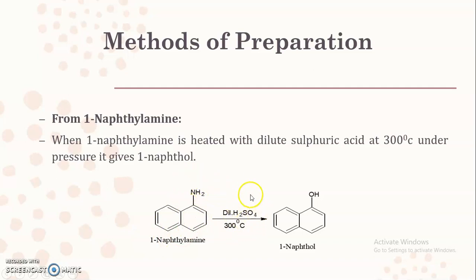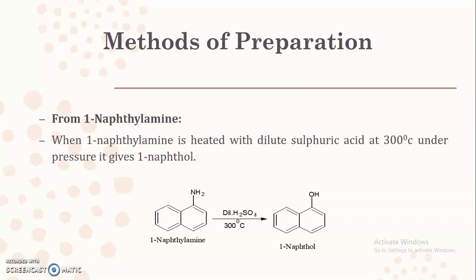On treatment with dilute sulfuric acid at 300 degrees Celsius under pressure, the amino group is replaced by the hydroxyl group. In this way, we can synthesize 1-naphthol either by using 1-naphthylamine or by using the sodium salt of naphthalene sulfonate. So these are the various methods used for the preparation of naphthol.